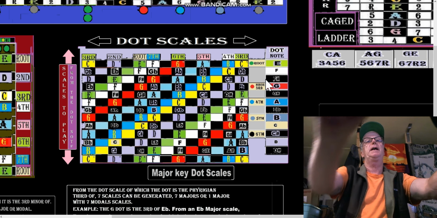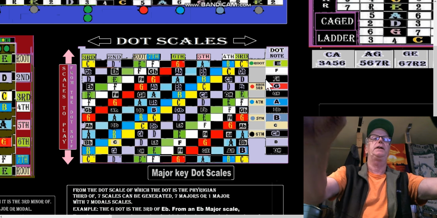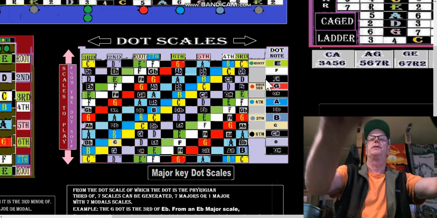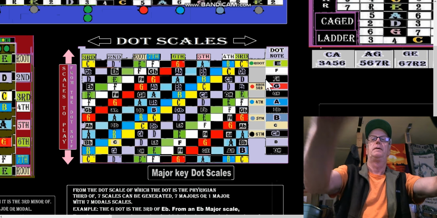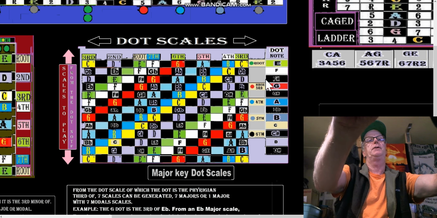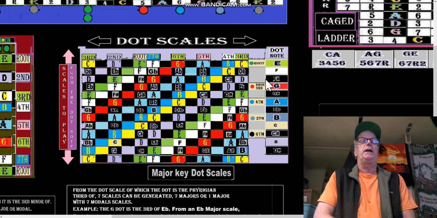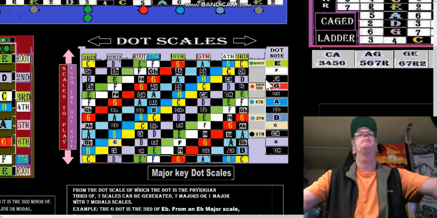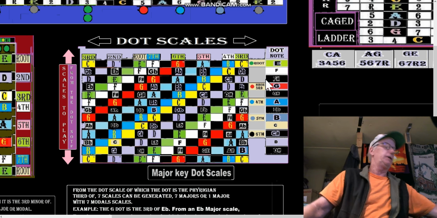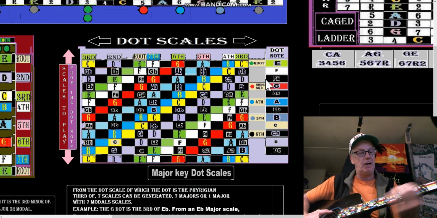It's the fifth of the C, the fourth of the Dorian scale, the third of the Phrygian scale, the second of the Lydian scale. Same scale. So that's kind of important. That's why I had a little problem with the diagram. But it's very important to understand now if I want to change the scales from the G dot.